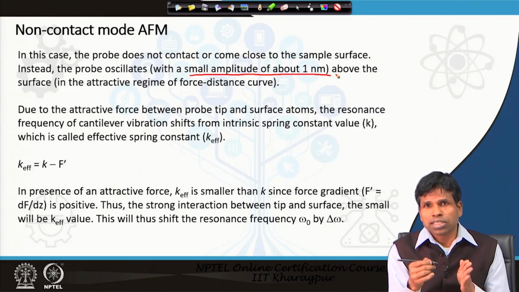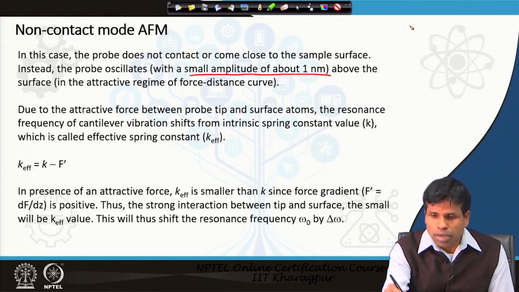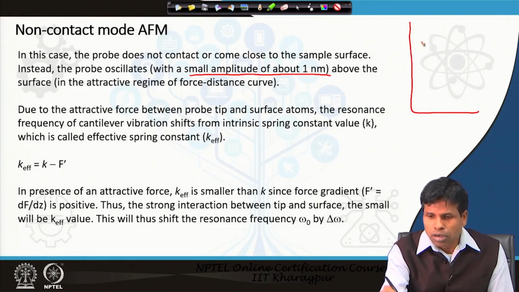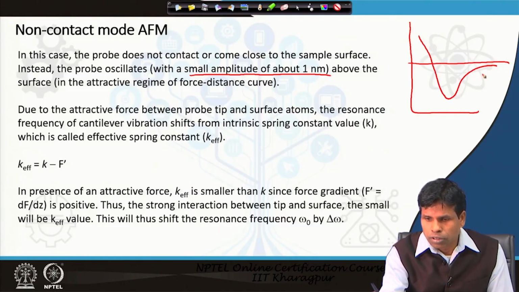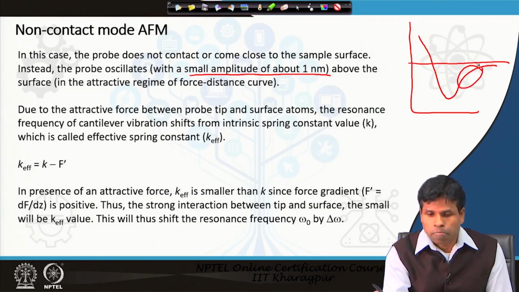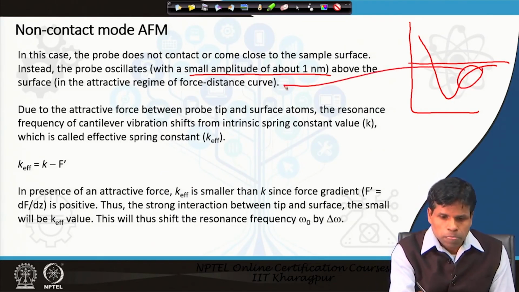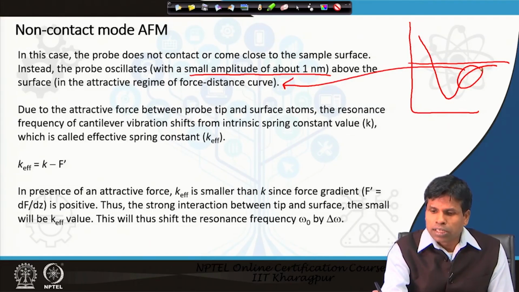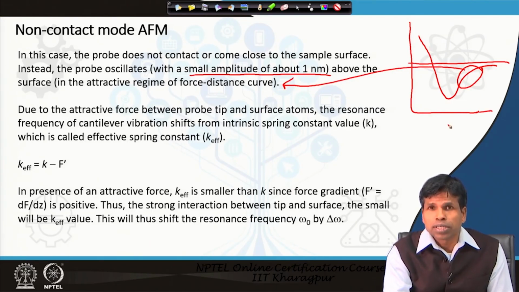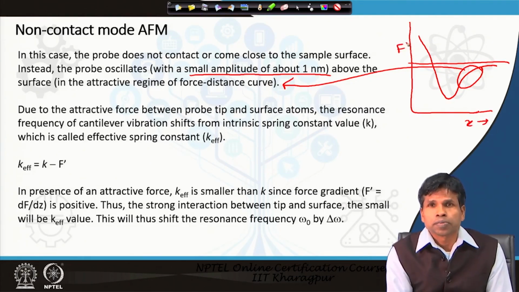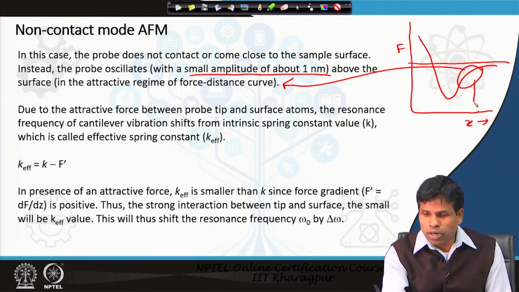Attractive regime means it is a certain distance away from the sample. The attractive regime comes here. This is our attractive regime, and x is the tip sample distance, and this is the force curve. Now it is quite far away from the sample, that is why we are saying it is a non-contact mode.